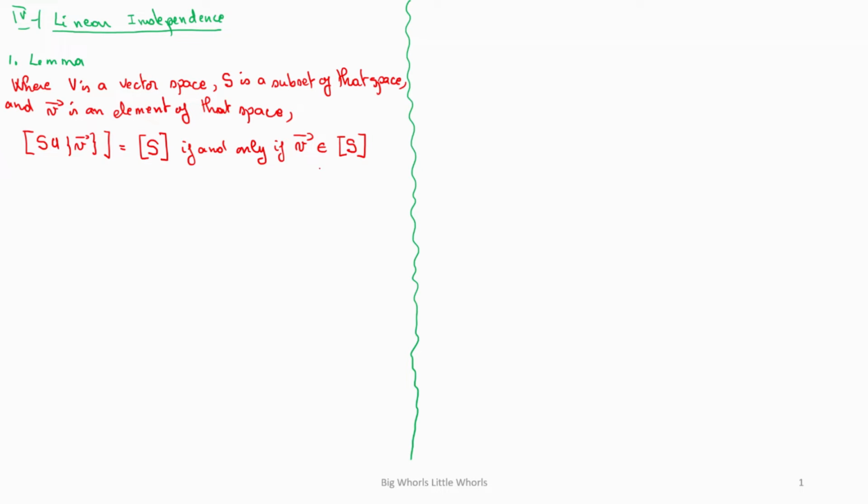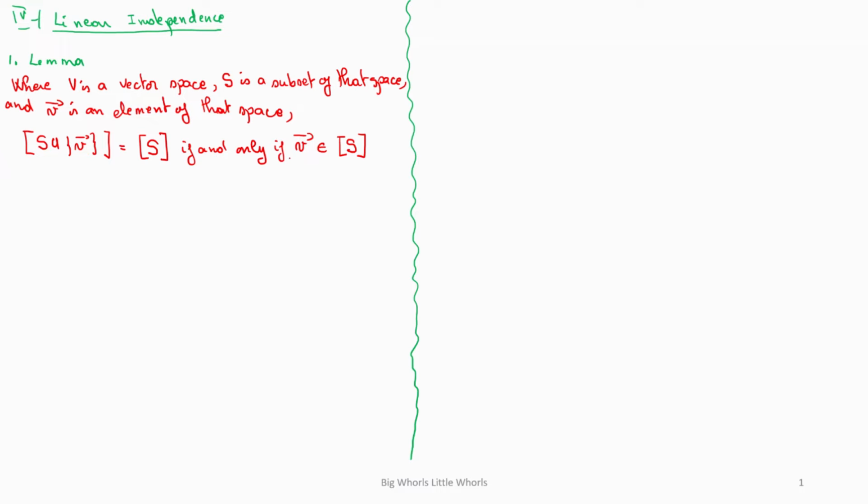You see? Let's say we have a subset S and we have its span. Its span is the linear combinations of the elements in that S. So if we have a vector v that belongs to the span of S, then the union of that subset S and v, their span is just going to be the span of S. You know what I mean?